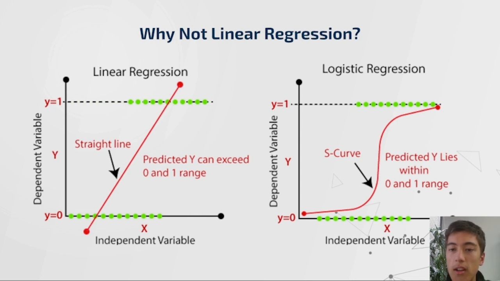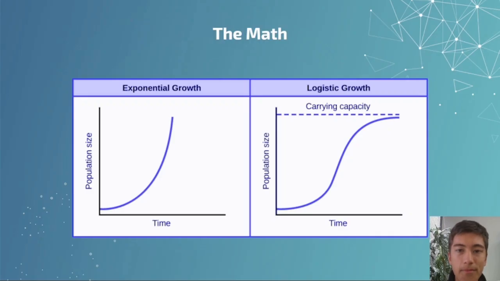So for example, if the model said there's a 50% probability that this sample is going to fall into the 1 class, then if you set your threshold at 50%, then the model is going to say that this sample falls into the 1 class. And it's the same for whatever threshold you pick, whether it's 60%, 40%, and you can vary that based on your problem and the types of needs that you have.